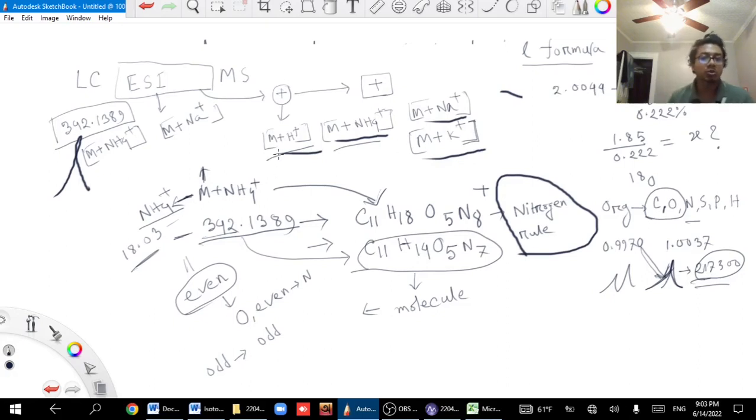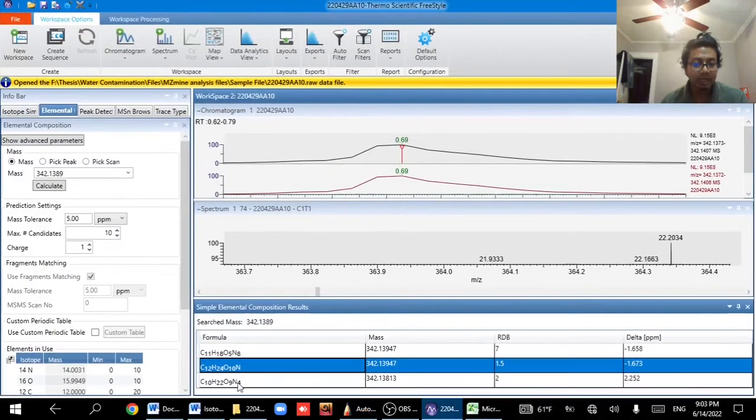Additionally, suppose this is the M plus H peak, then what I need to do is just subtract the H plus value, which is 1.007825, from the 342.1389. Then you can accept that one.